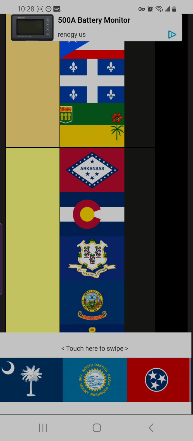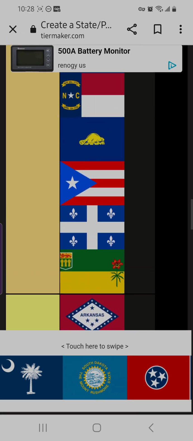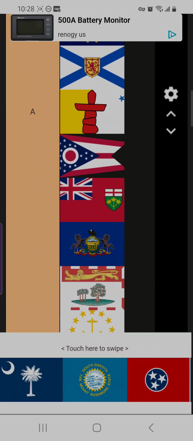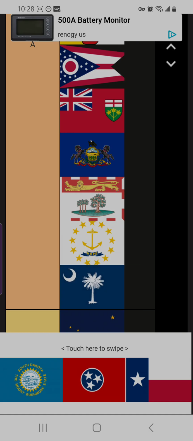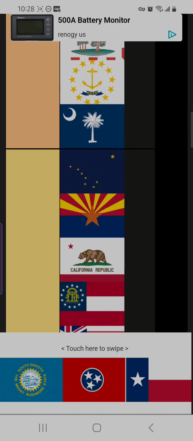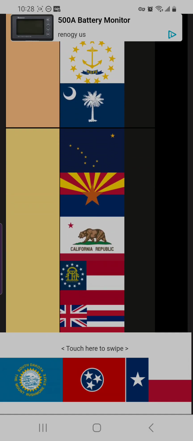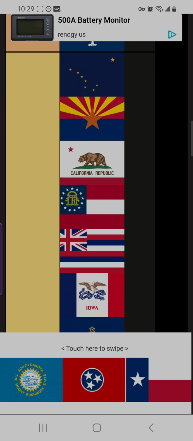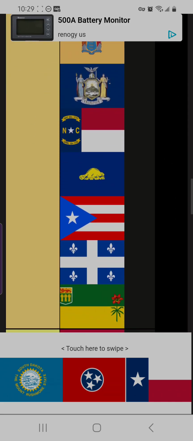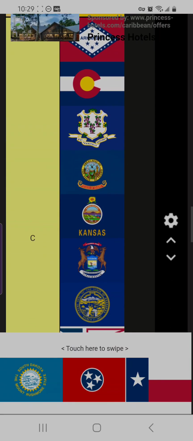It's a pretty good design of a flag. I do think this does deserve to be in the A tier. South Dakota on here, I don't think even makes it to the B tier. It's just okay. Not as bad as North, but it is just okay. I think this is a C tier flag.